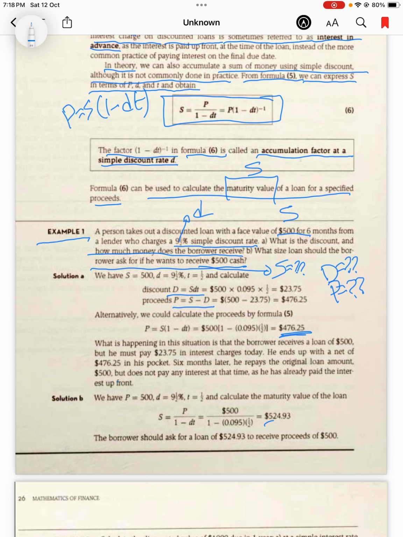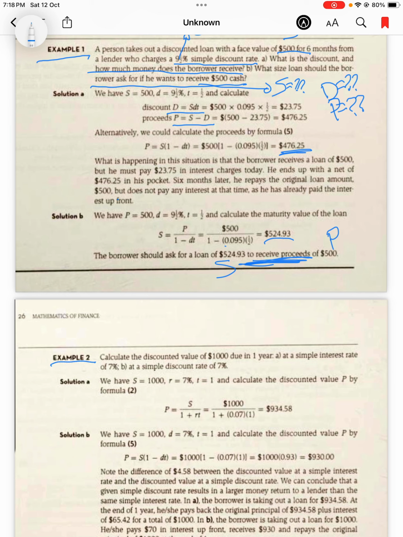Then you will have 524.93. The borrower should ask for a loan of 524.93 to receive proceeds of 500. This is B, this is S.